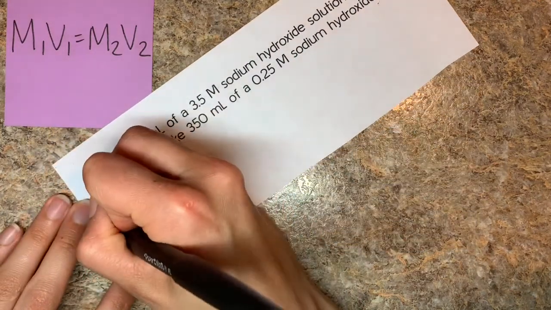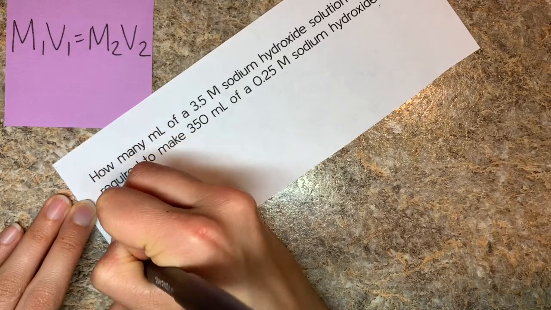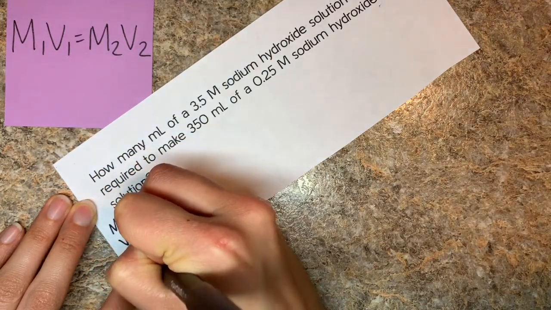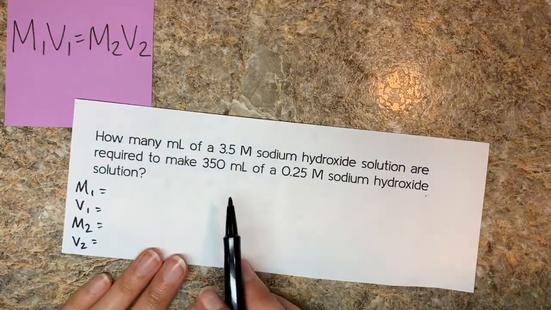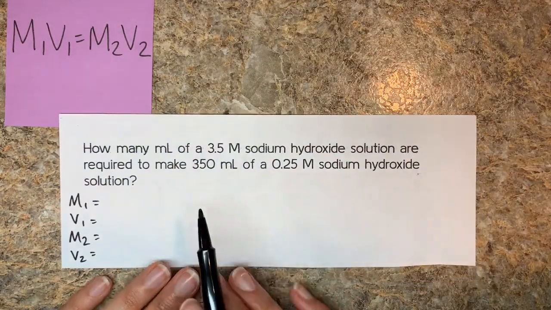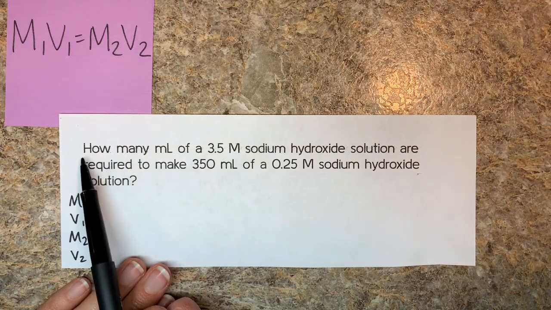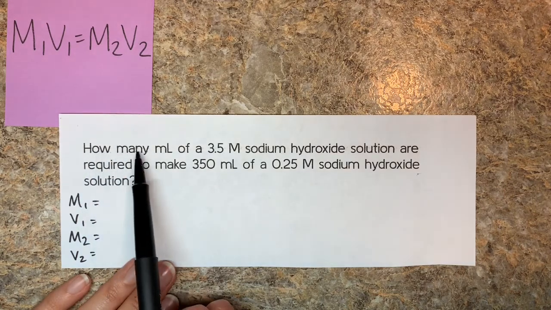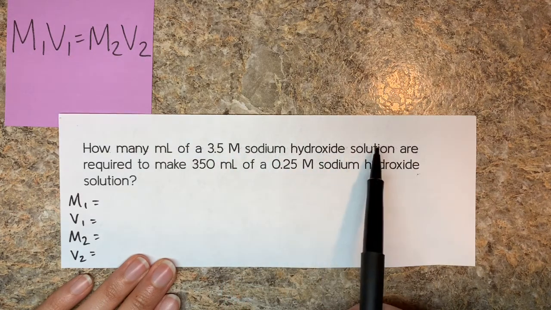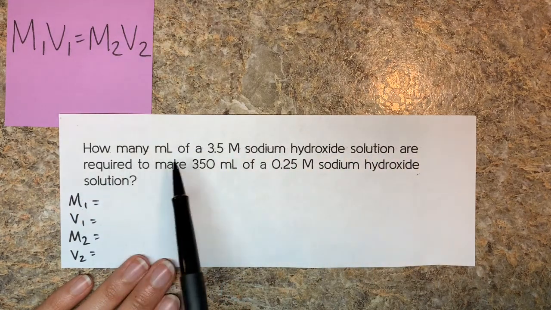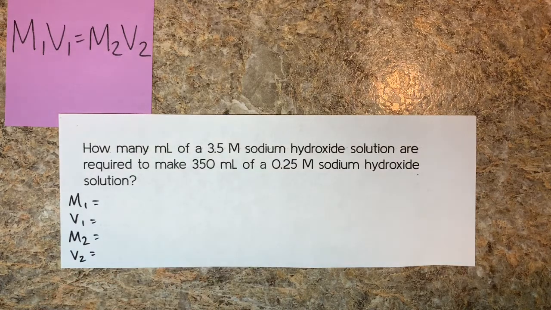So I'm just going to write out M1, V1, M2, V2. One of these is my unknown. The other three were given in the problem. So let's start at the beginning. It's asking how many milliliters of a 3.5 molar sodium hydroxide solution are required to make another solution.